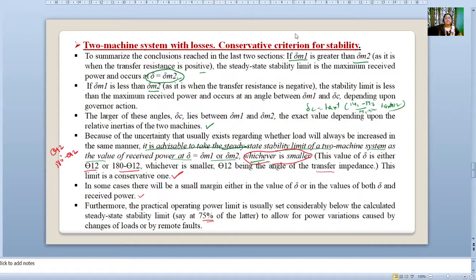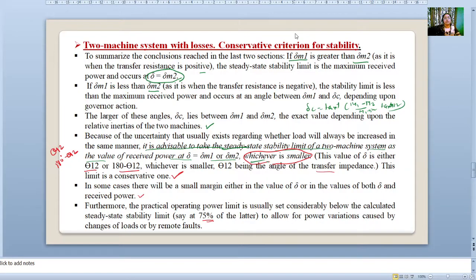Whatever smaller value we consider is called the conservative criteria for stability, because we are considering the lower value. Although the system may be stable for a greater value also, this limit we will consider as a conservative one.